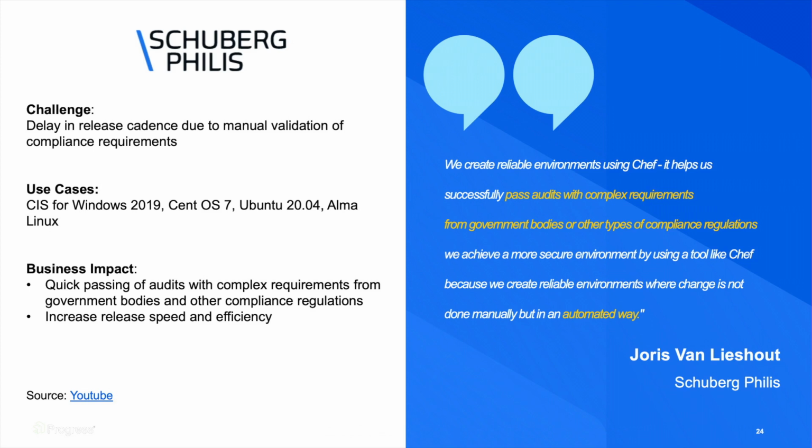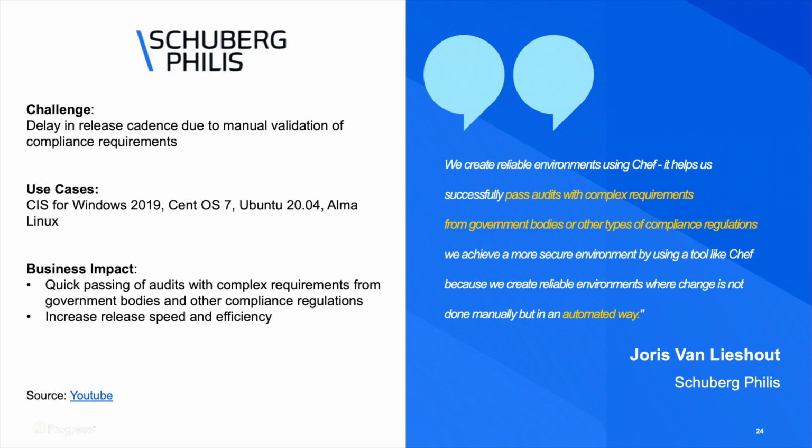With the help of Chef Compliance and premium content, Shubhak Phyllis can easily use our content, and they can also customize the profile tuning to other standards as well. With this automated continuous compliance approach, and with Chef Compliance as a product, they can quickly validate their compliance requirements, and they can also significantly mitigate misconfiguration in the system.